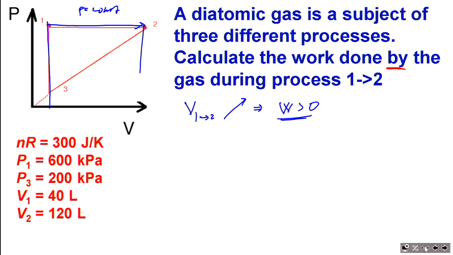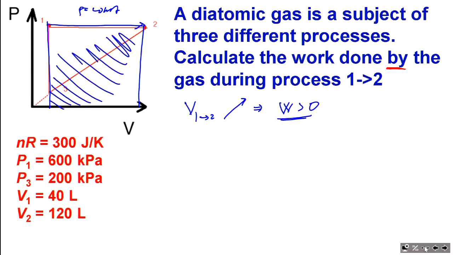This whole area, from the bottom axis to the top line. That's the work done during this process. All we have to do is multiply two numbers. So this work should be equal to this area, which is P1 times delta V.